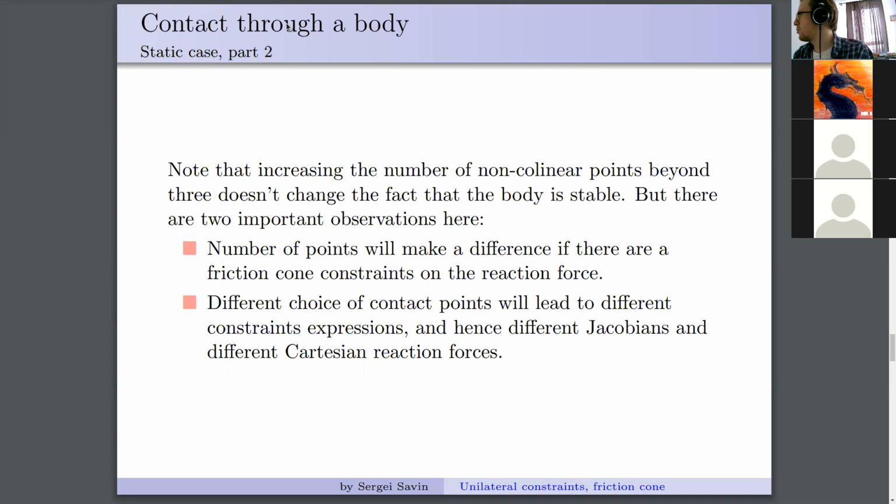Now, the number of points will make a difference if you have a friction cone. Why? Let's say you have 2 points here and 1 point of contact all the way here.